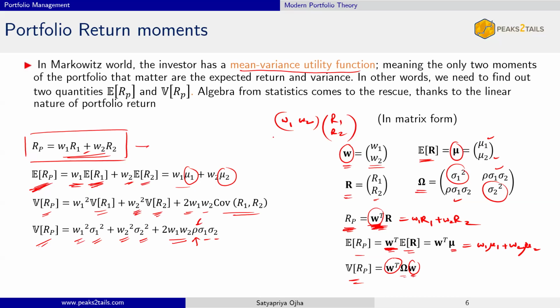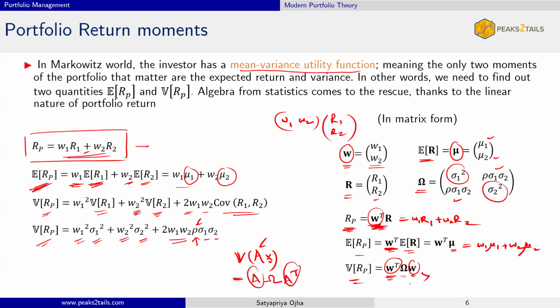What I'm trying to say is, in general, the variance of, let's say, A times X, where A is a vector and X is also a vector: the same A will come out, then the variance covariance matrix of X, let's call that omega, then it will be A transpose. This is the formula. Since I already had W transpose here, that's the one that comes out as the first term, and then you take the transpose of that in the second term. But if you take the transpose of W transpose, it is again W. Okay, keep that in mind.